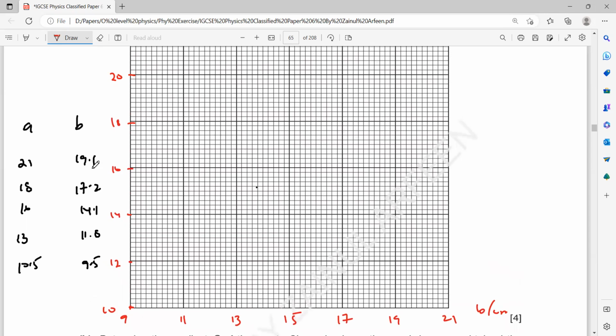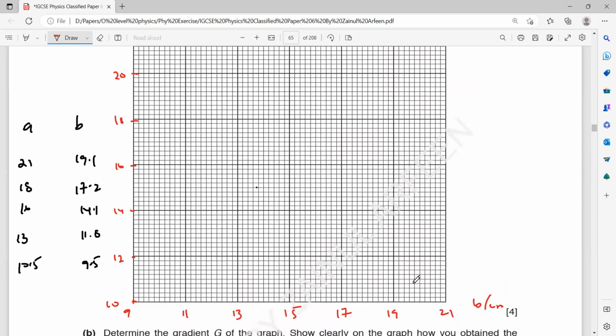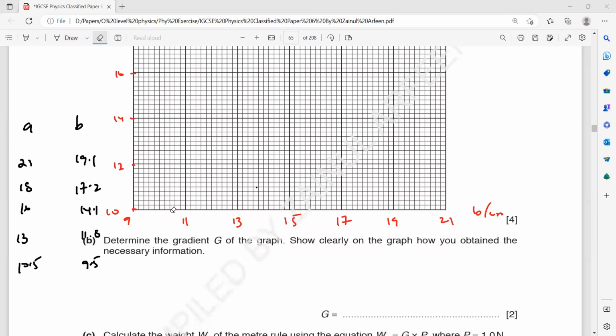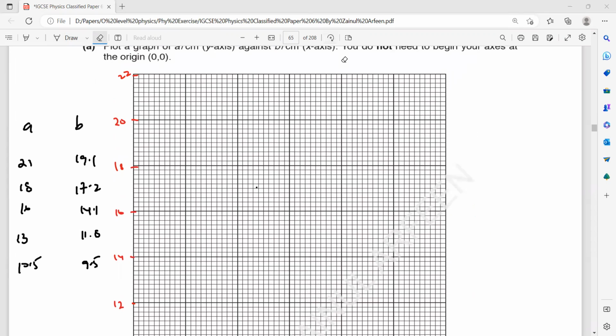Now we have to mark the points 19.1 and 21. So 19 is this, this will be 22, this will be 21, and 19.2 will be somewhere here. On the x-axis, 10 boxes equal 2, so each box represents 0.2.